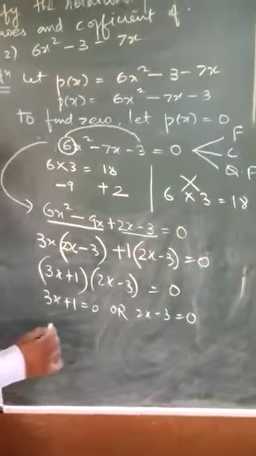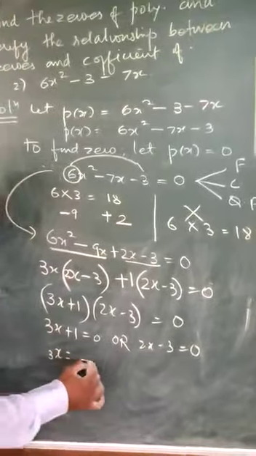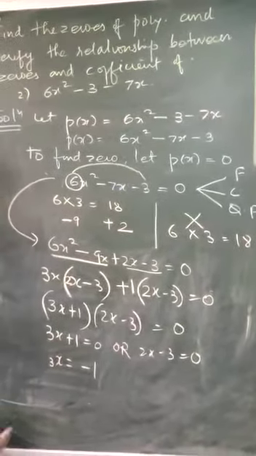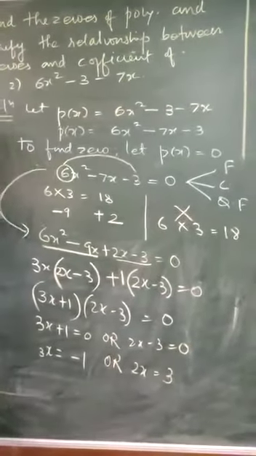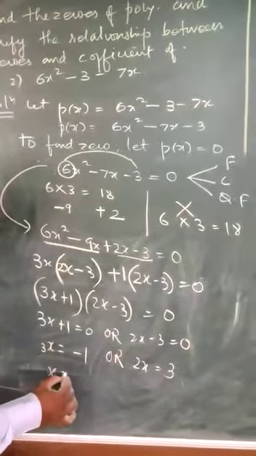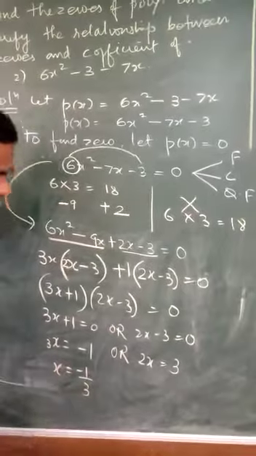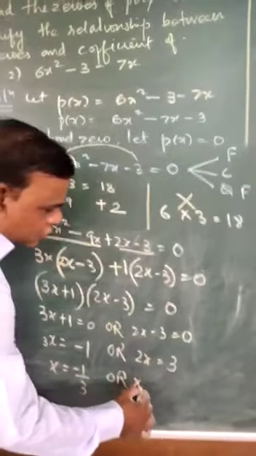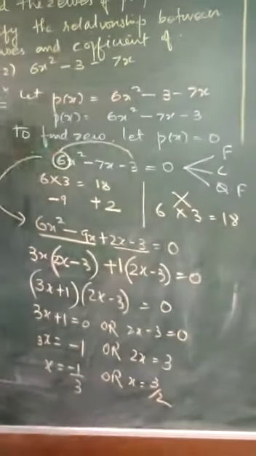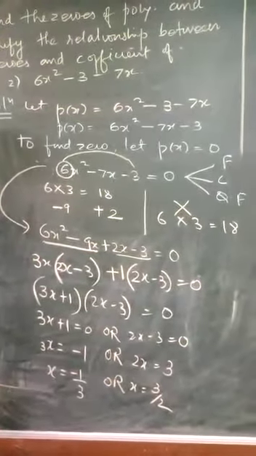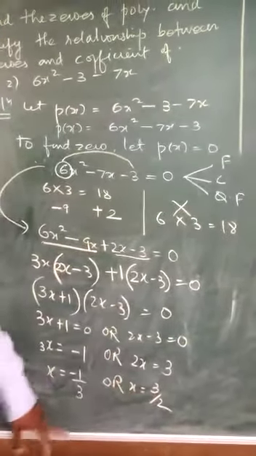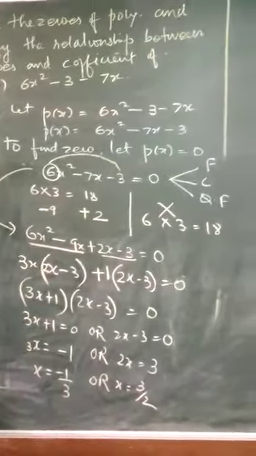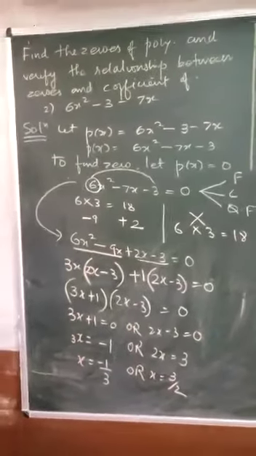This indicates that 3x is equal to minus 1, or 2x is equal to 3. Therefore x is equal to minus 1 by 3, and x is equal to 3 by 2. So the values of x are minus 1 by 3 and 3 by 2. Therefore we are getting two values of x.